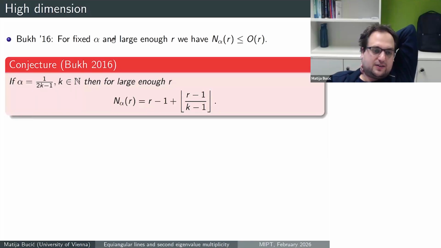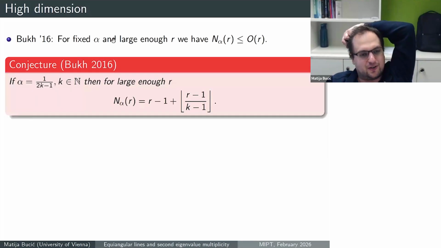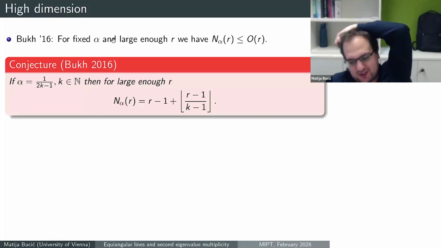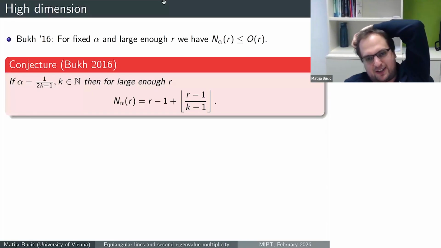Then in that same paper, he posed a very nice conjecture, which is based on some constructions that I'm going to tell you about in the graph theoretic world a little bit later. I'm not going to explain them in the geometric world, but you can think about how they translate back if you want. What they suggest is that if alpha is 1 over an odd integer, then precisely the answer should be equal to r minus 1 plus (r minus 1) over (k minus 1).